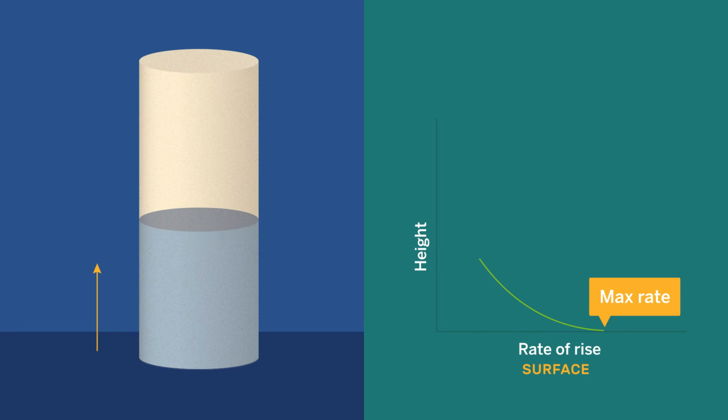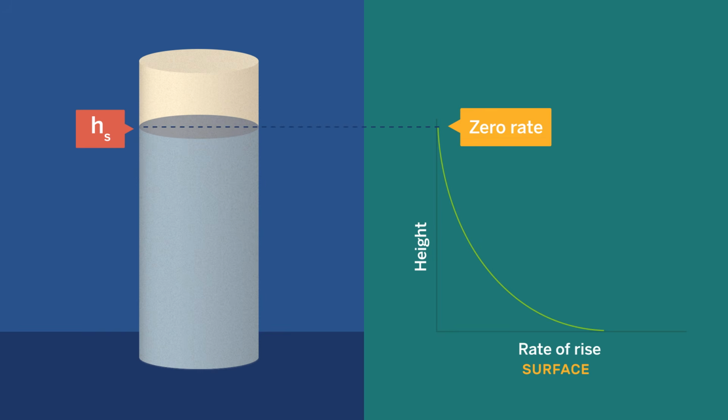This is due first to the increased viscous resistance as the height of rise increases, and second, to gravity that reduces the rate of rise until the rate drops to zero when the weight of the water exerts downward pressure that equals the upward pressure from capillarity. This effect of gravity was ignored in our video on sorptivity.